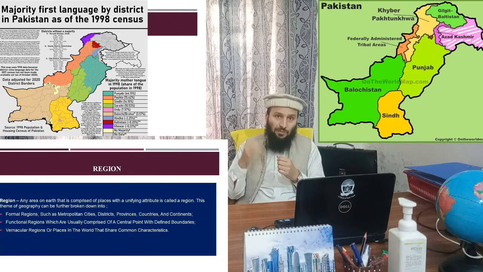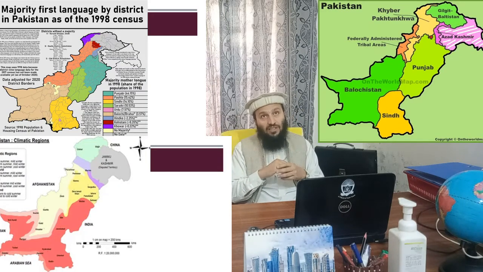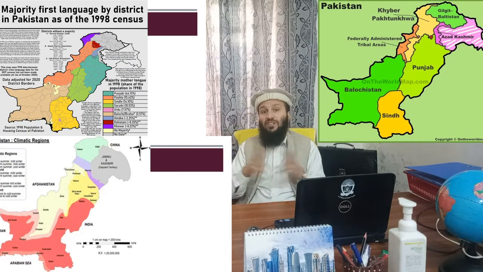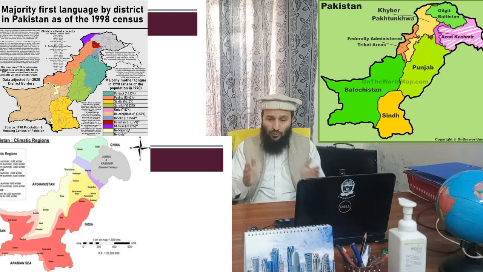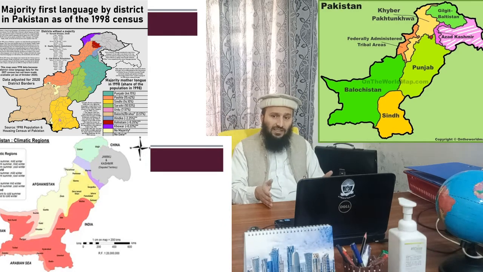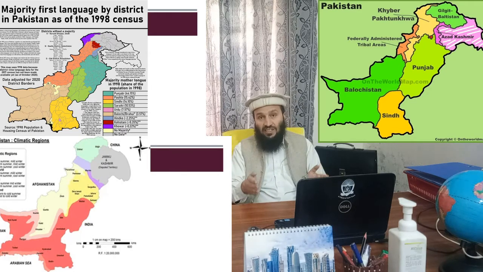If an area is administered by one authority, that might be an administrative region. Similarly, climatic regions are formed, political regions are formed, and throughout the world we have divided each area into political regions, then climatic regions, even physiographic regions.